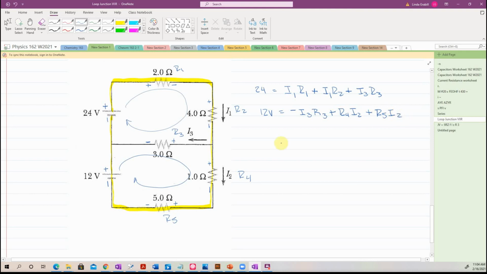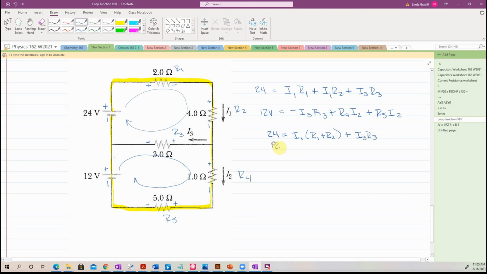So I can combine like terms just to make things a little bit prettier to do the math with. Only one I1, R1, plus, oops, not only one, I have 2 of those. So I1 is going to be R1 plus R2, plus I3, R3.